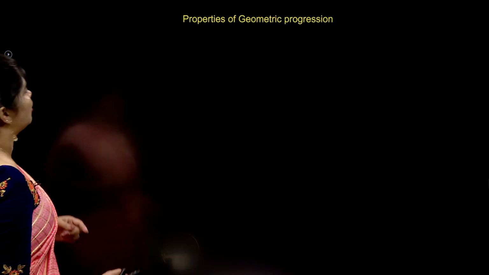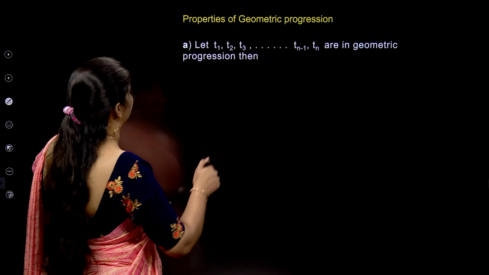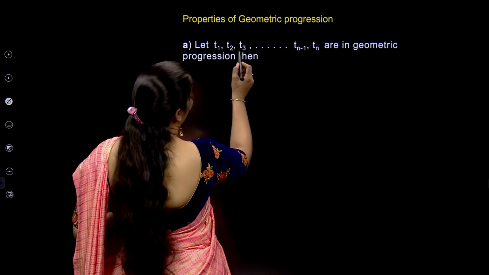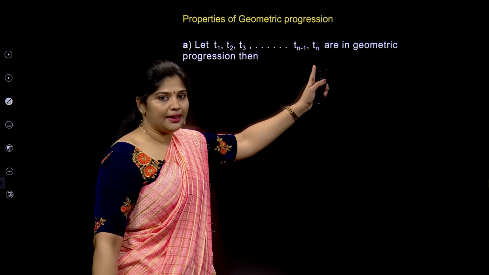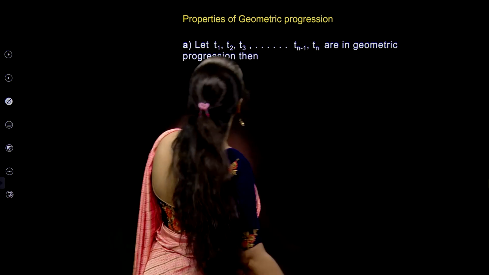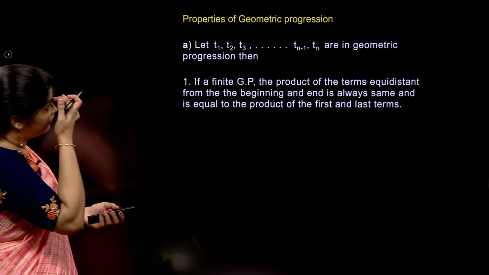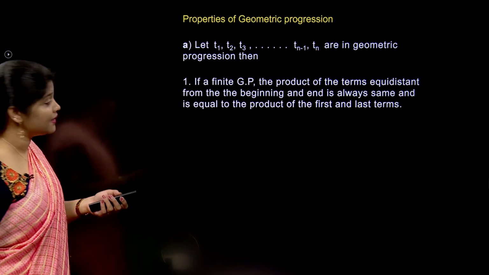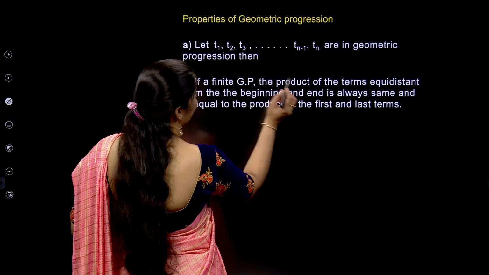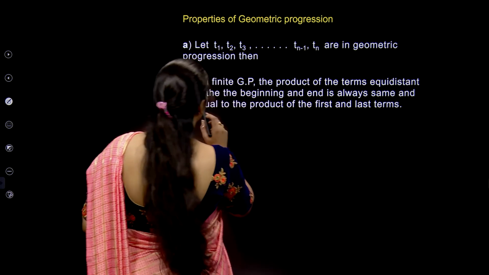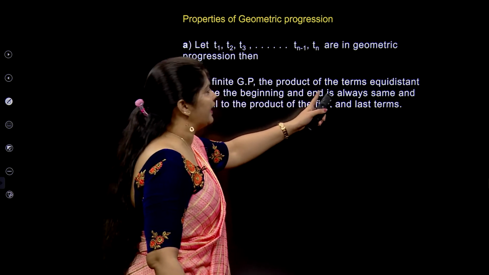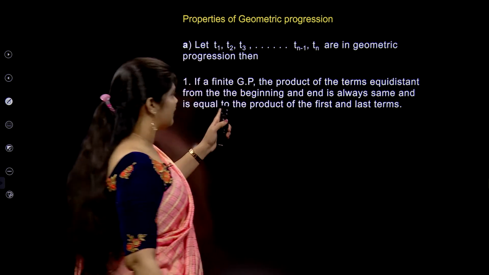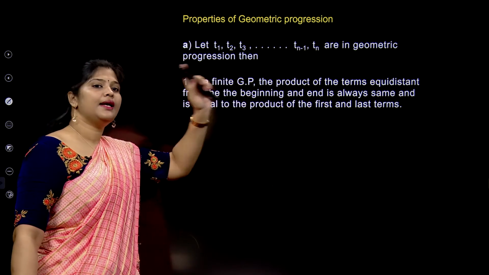Next property. Properties of geometric progression. Let T1, T2, T3 and so on, Tn minus 1, Tn be in geometric progression. Then the first property is, in a finite GP, the product of the terms equidistant from the beginning and end is always the same and is equal to the product of the first and last terms.